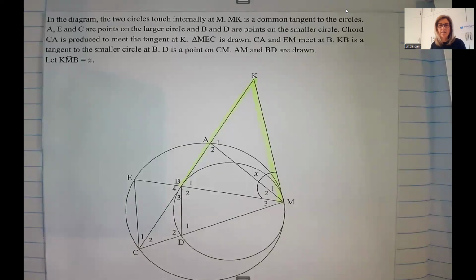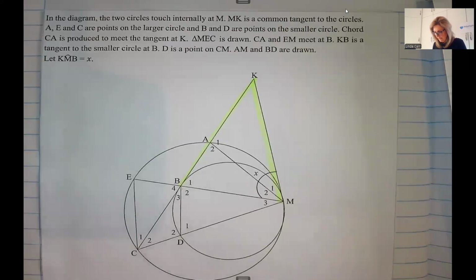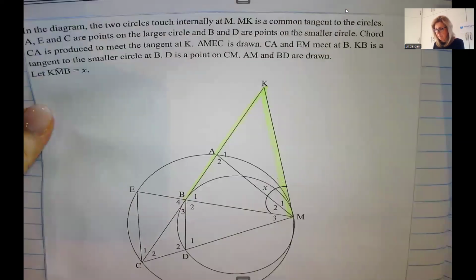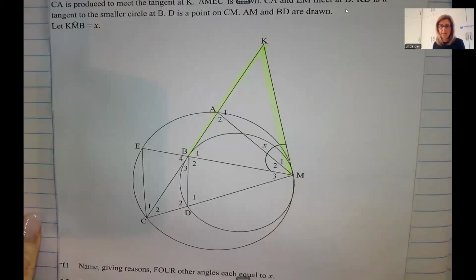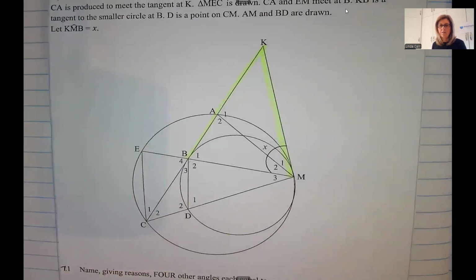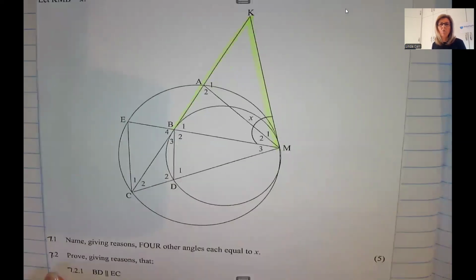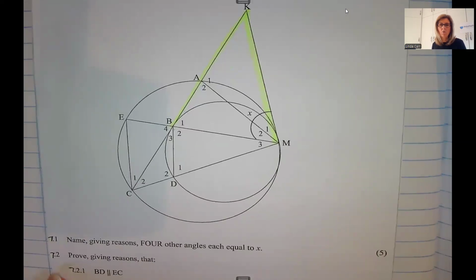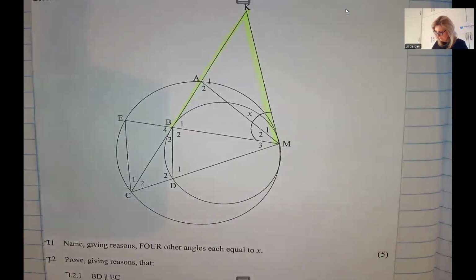D is a point on CM, and then AM and BD are drawn. Right, they give us KMB is equal to X, and they want us to work out 4 other angles, all equal to X. Okay, so let's have a look.